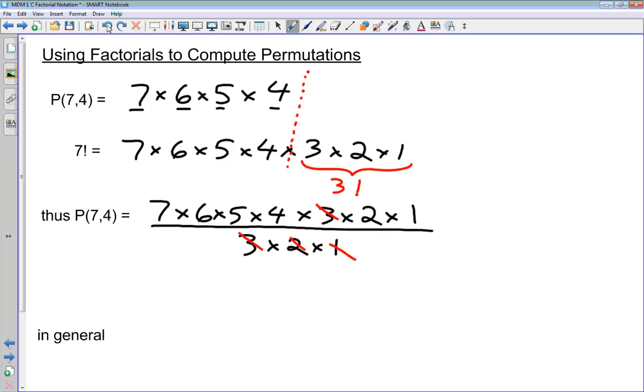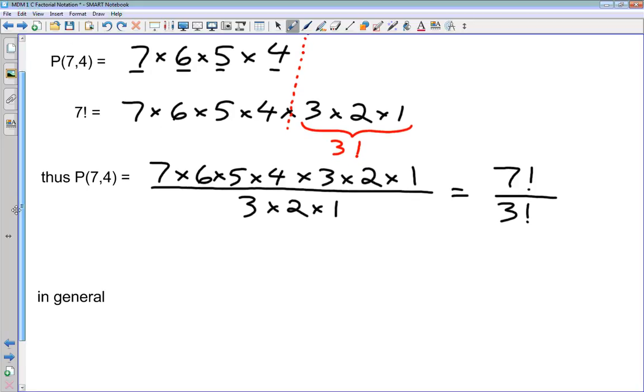But let's not cancel them out right yet. Put them back in here. So what do we have in the numerator of this expression? Well, 7 times 6 times 5 times 4 and so on is 7 factorial. What do we have on the bottom? We have 3 factorial. So this permutation is equal to 7 factorial divided by 3 factorial.